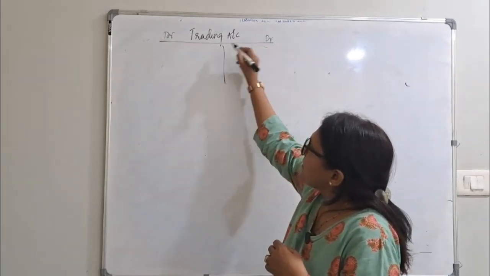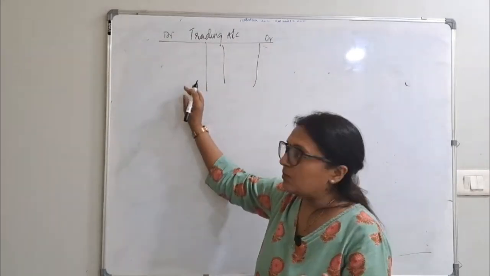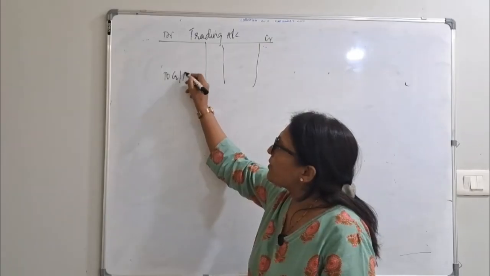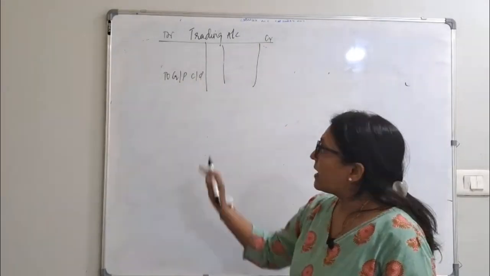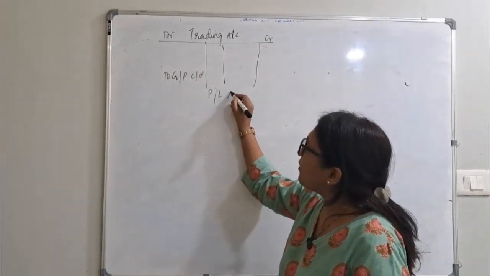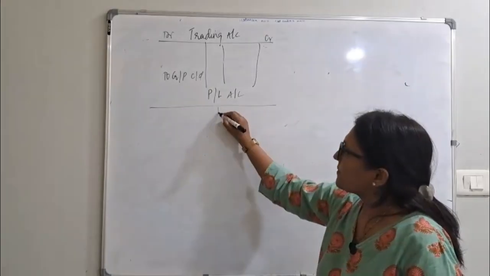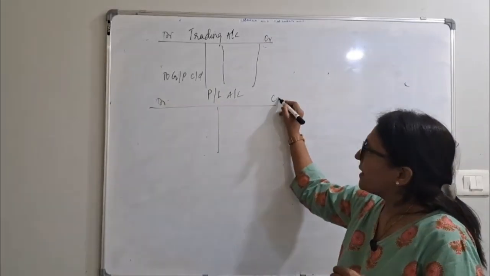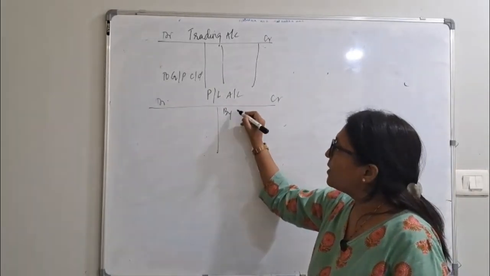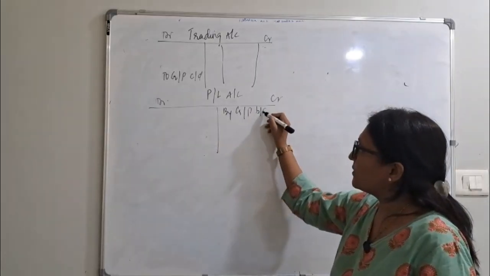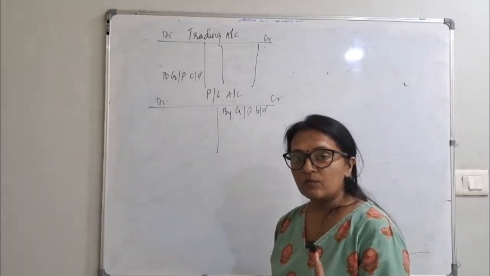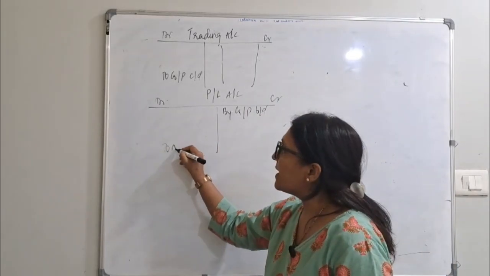Debit, credit. From trading account, you get gross profit. After this, you prepare profit and loss account. Debit, credit. This is transferred to profit and loss account, brought down. From profit and loss account, you arrive at net profit.